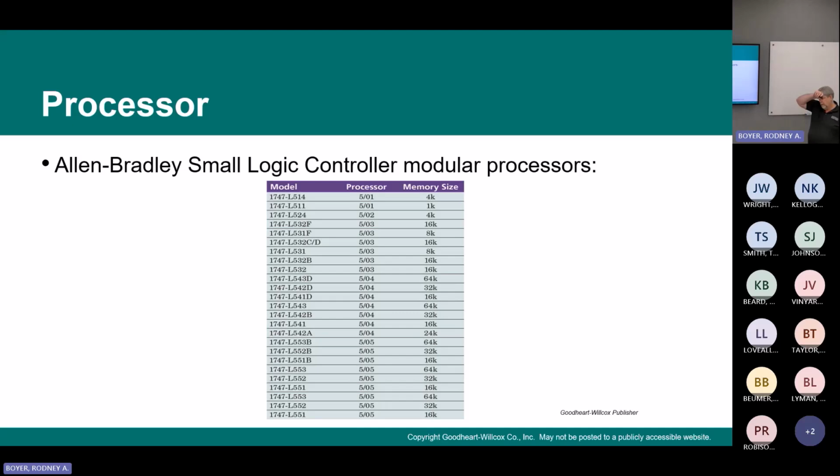The 501, I want to say that was a DH485 processor for communications. 502 was DH485, 503 was DH485, 504 was DH+, and 505 was Ethernet.